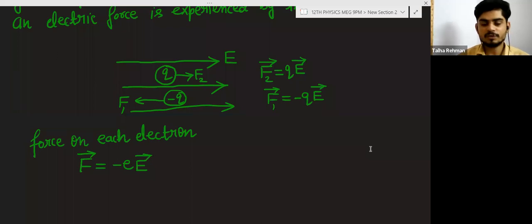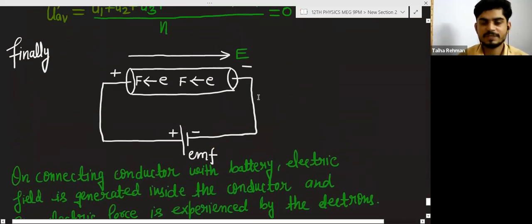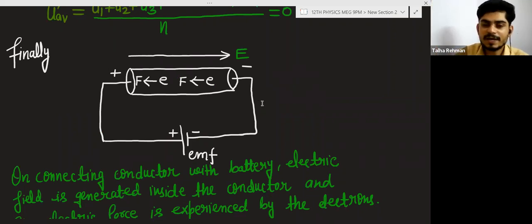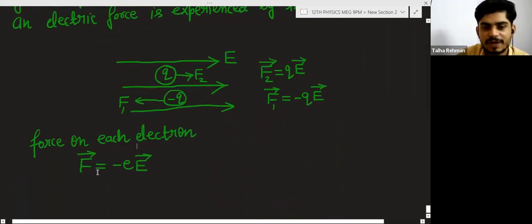You should only know some basic things. Whenever a charge is placed in an electric field, it will experience a force, and that force is given by the formula F is equal to QE. And I have just written that force in the vector form.